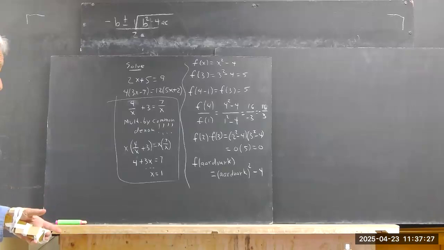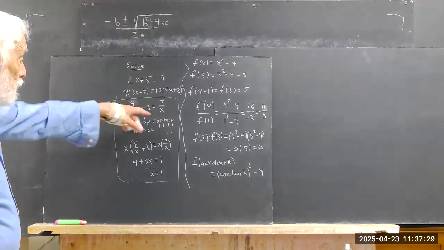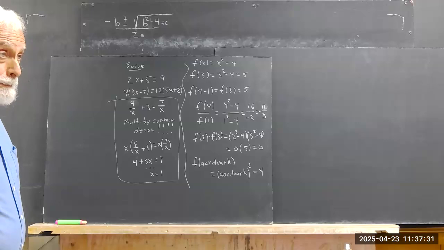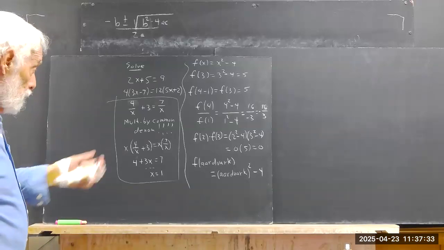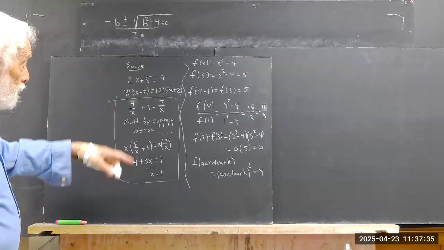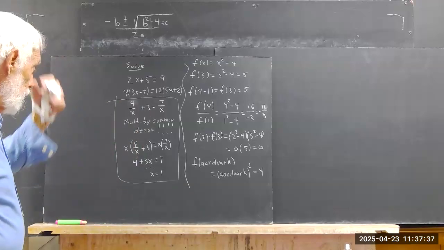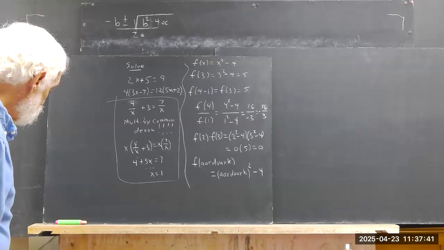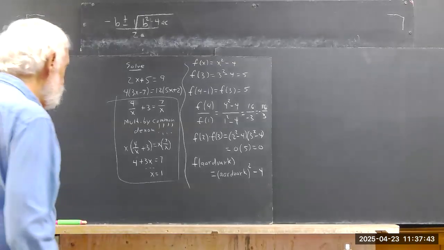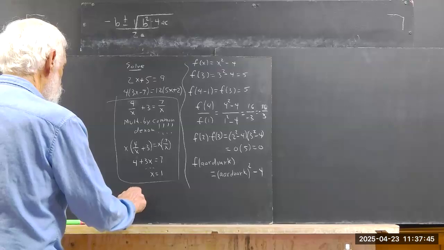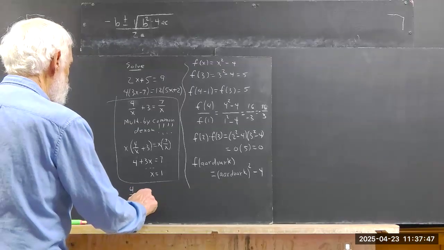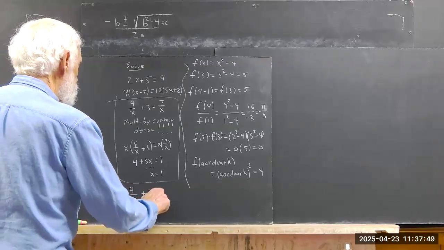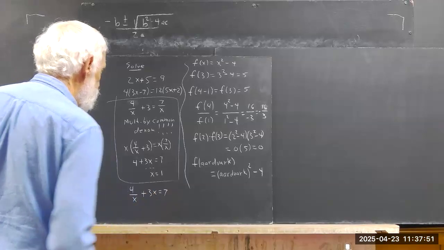Now, the point here is that you have to recognize what kind of an equation you've got in order to solve it. It's a linear equation. You've got to multiply both sides by the common denominator. Plus 3x equals 7.